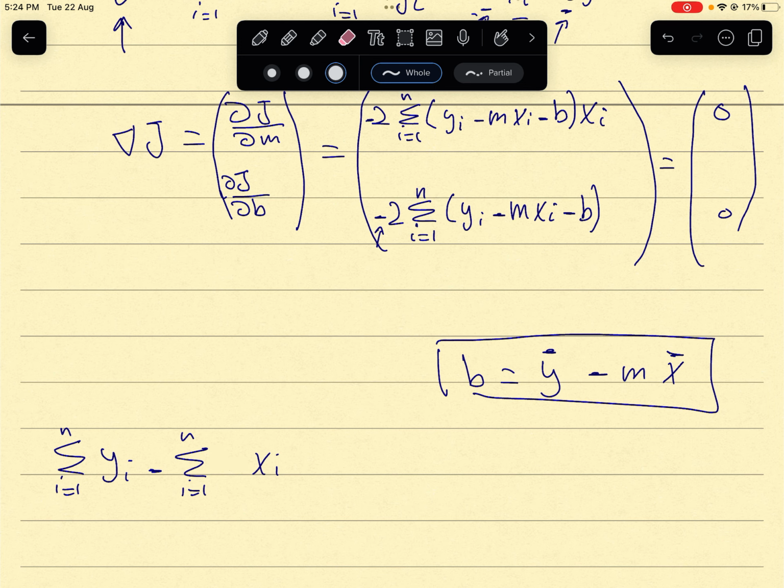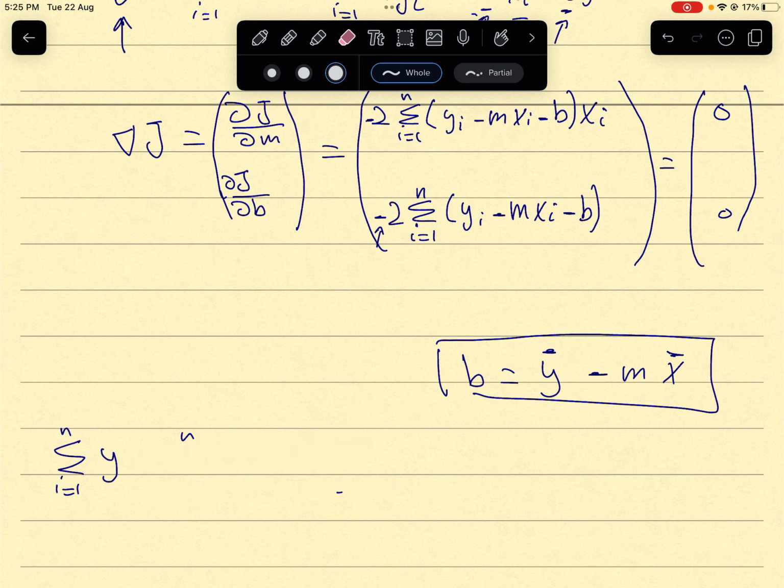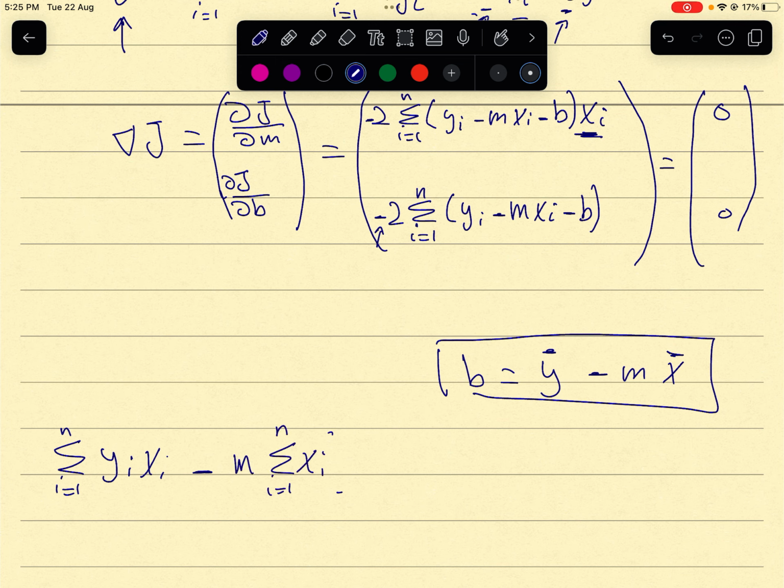I can put the m outside the summation, so the summation of yi xi minus m summation i equals 1 to n of xi squared minus b sum i equals 1 to n of xi equals 0.